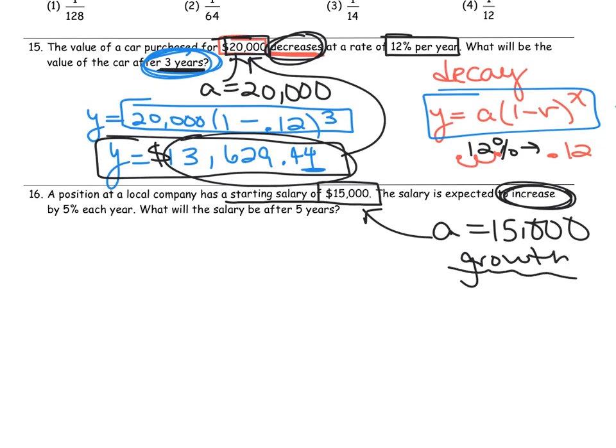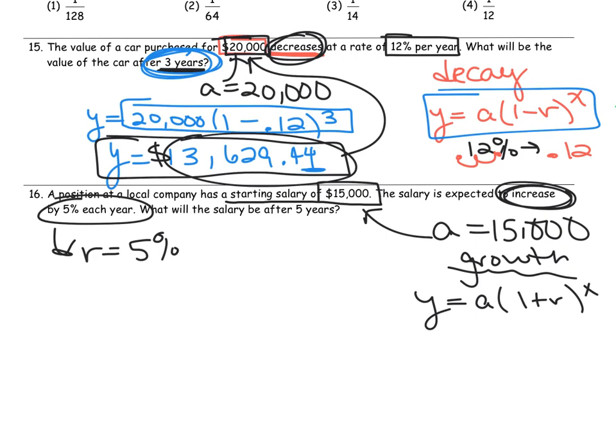So I know I'm using my formula y equals a times 1 plus r to the x. And it's growing by 5%. So we know our rate is 5, but I want to turn that into a decimal. We move the decimal 2 places to the left, so that's equal to 0.05. So r is equal to 0.05. And we want to know what the salary will be after 5 years. So we know x is 5.